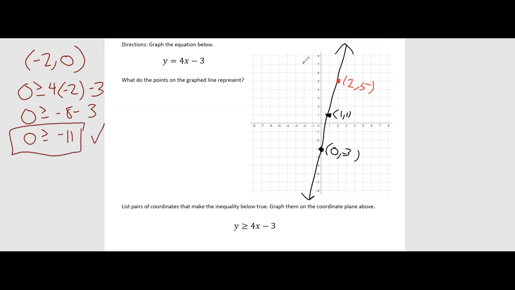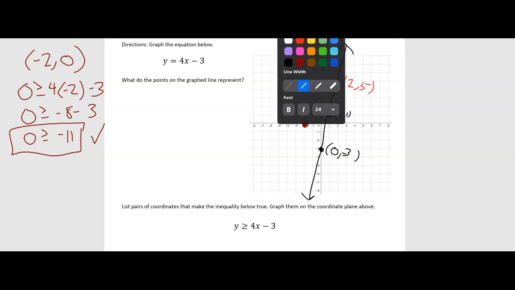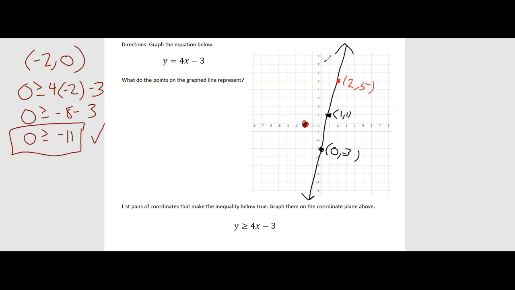Well, that checks out. 0 is greater than -11. It's not equal to, but greater than or equal to makes sense here because all it has to be is one of those. It can be greater than or it can be equal to. So if I plot that point, -2, 0, it falls right here. Let's do another one.